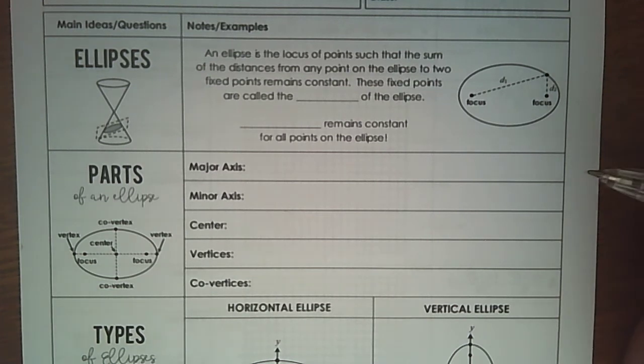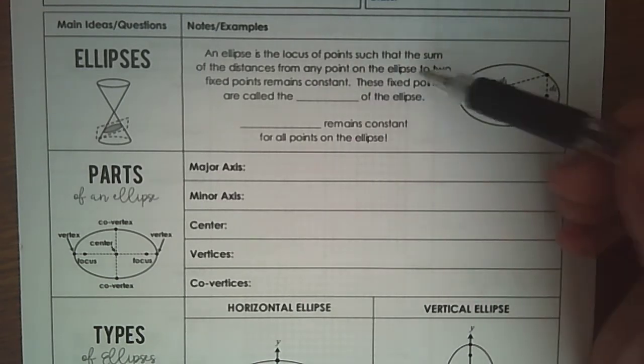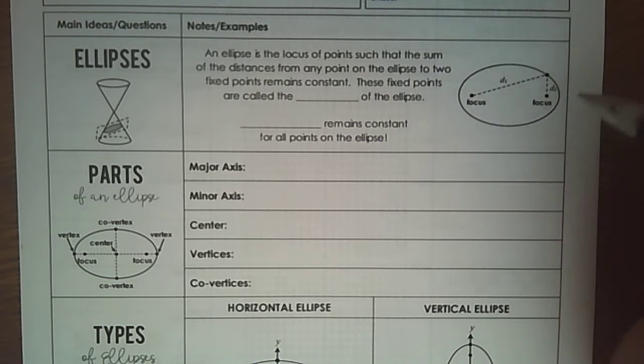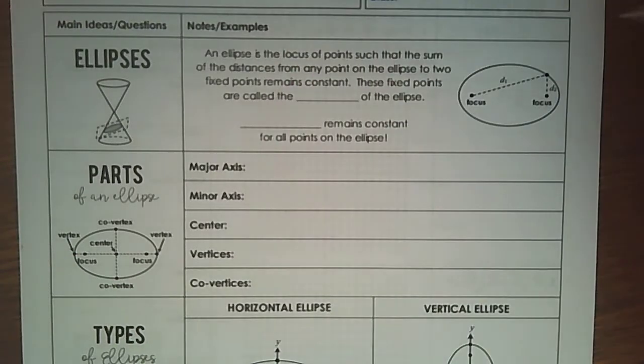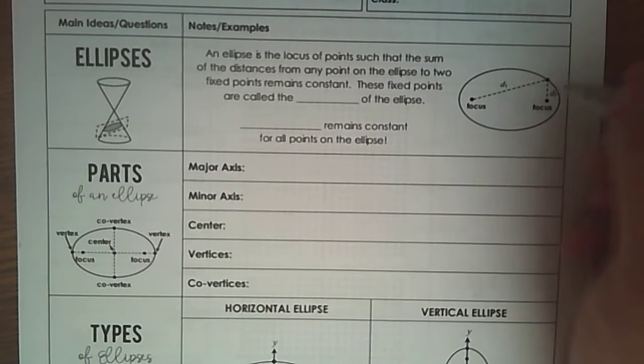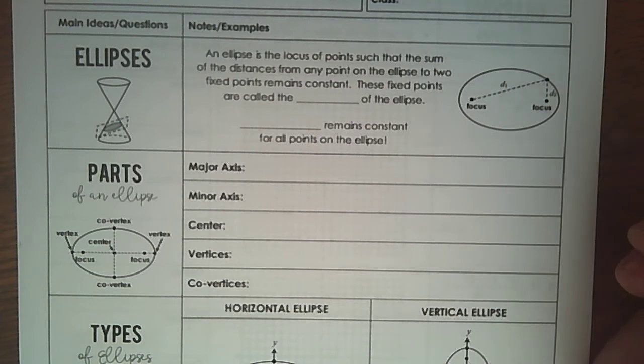Now, locus is such that, and in this case, the sum of the distance from any point on the ellipse to the two fixed points remains constant. So if you take any point on this ellipse and measure the distance to these two fixed points, and when you have more than one, you call it foci.